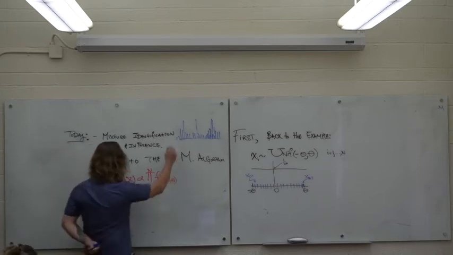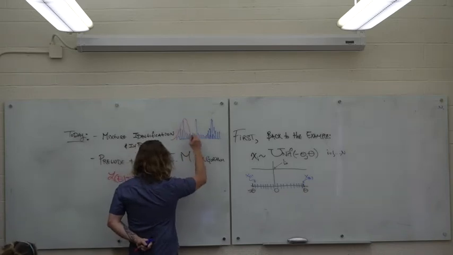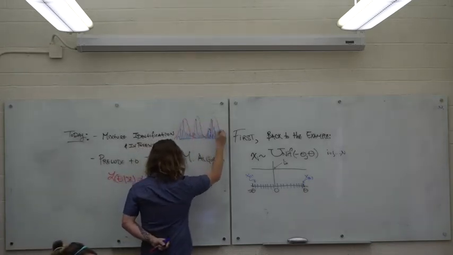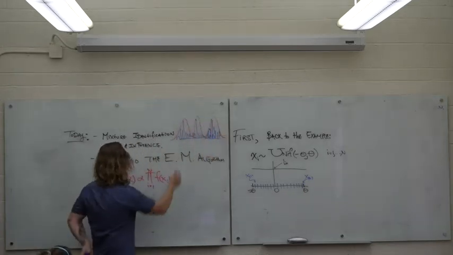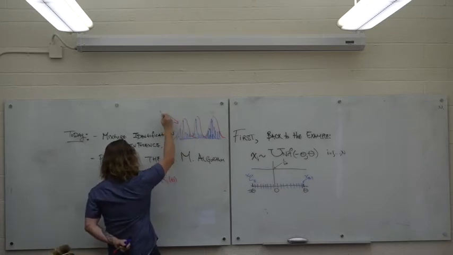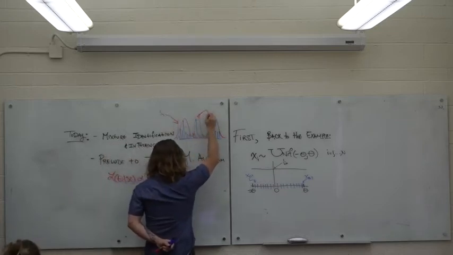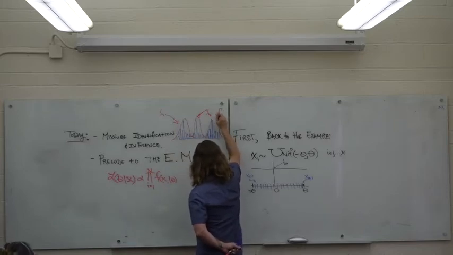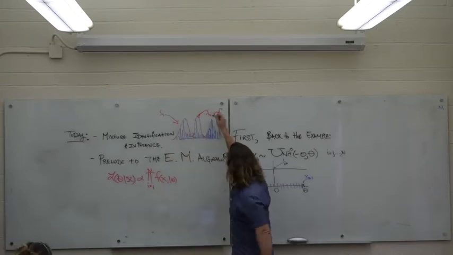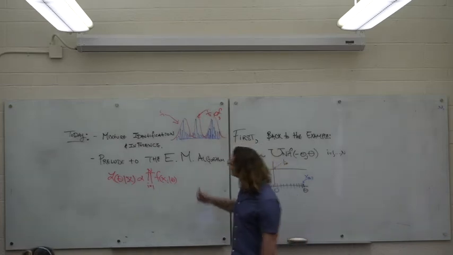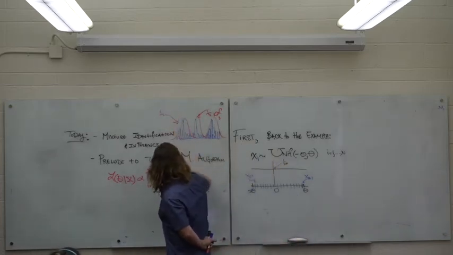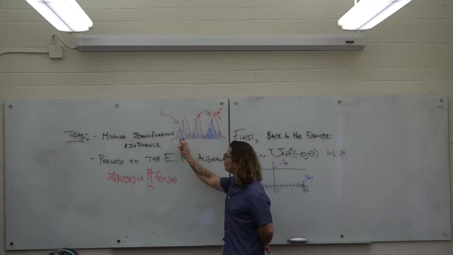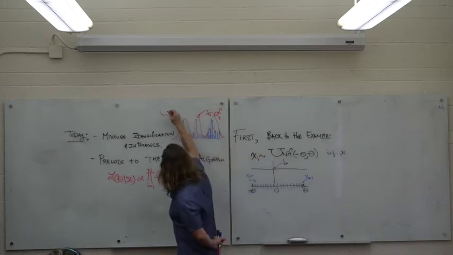With mixture models, you've got different underlying distributions right here. So this might be F1, this one might be F2, and this one might be F3. And they're all going to have their own parameter sets. So this is going to have all the data that was created under this model right here.